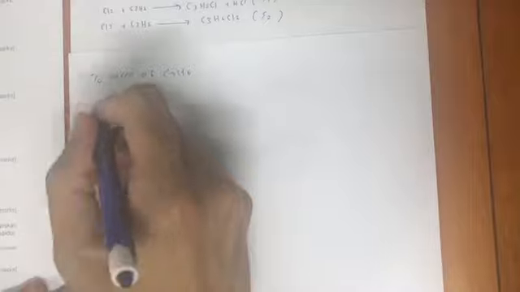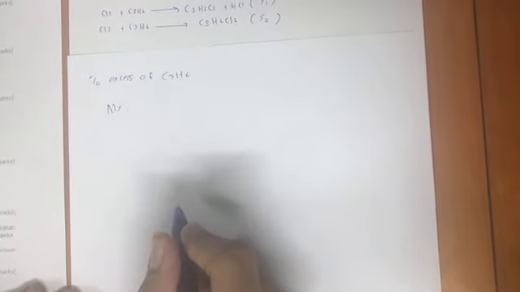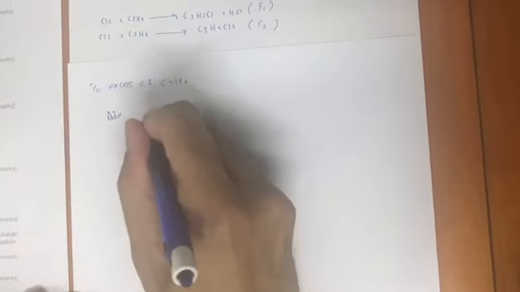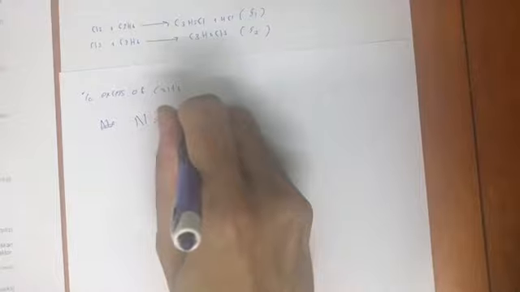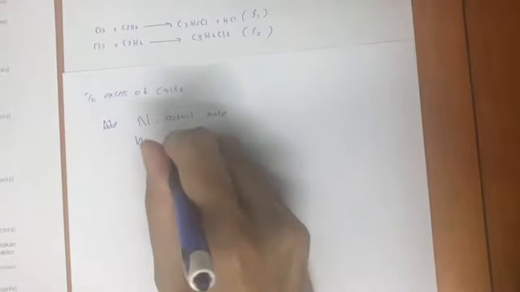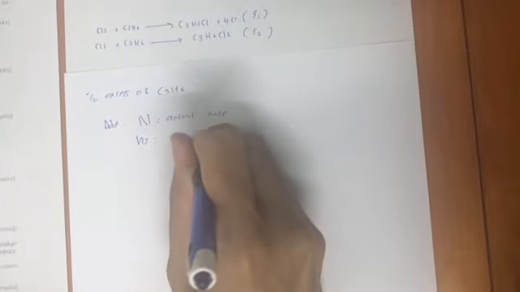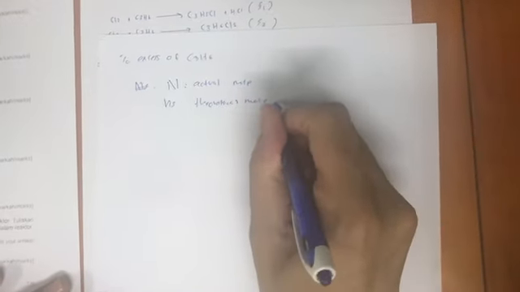To find this value, we must find the N, which is the actual mole, and the NS, which is the theoretical mole. So first we find the theoretical mole.